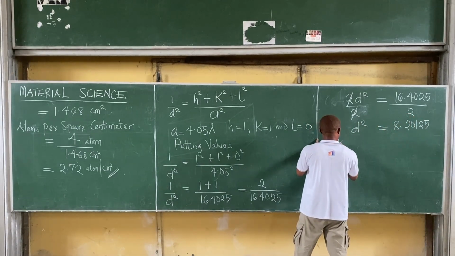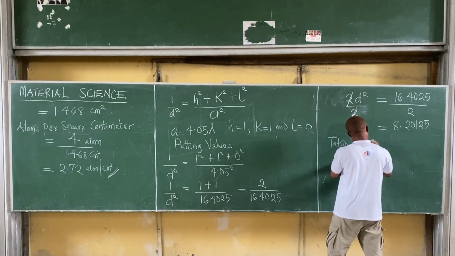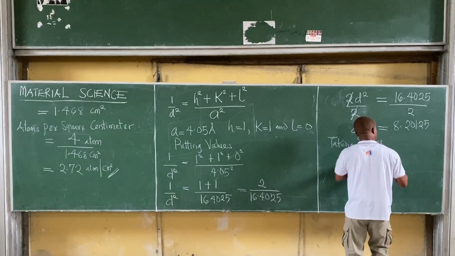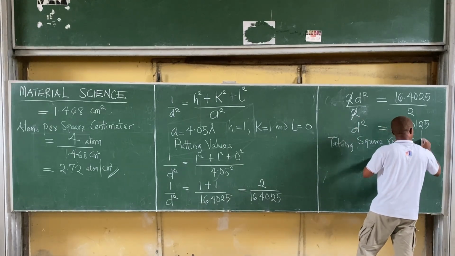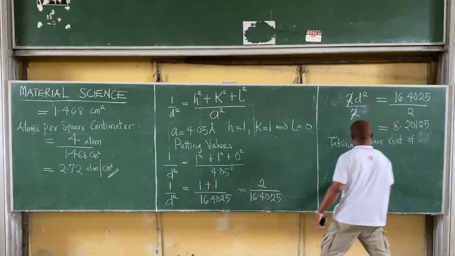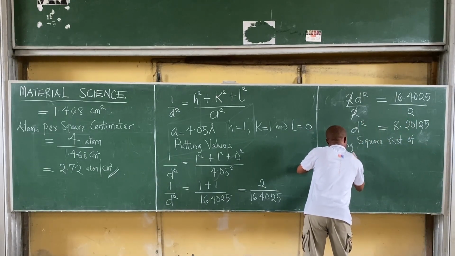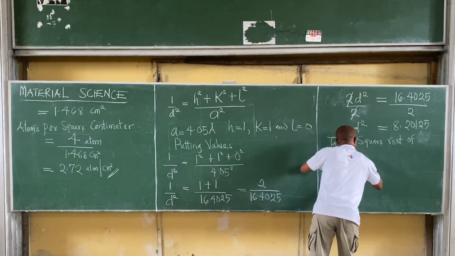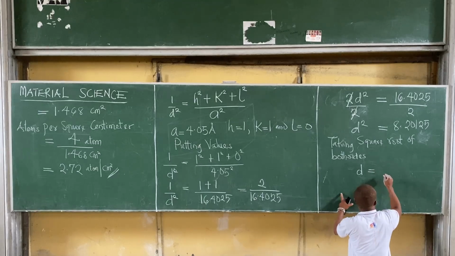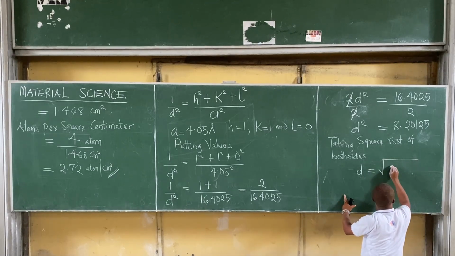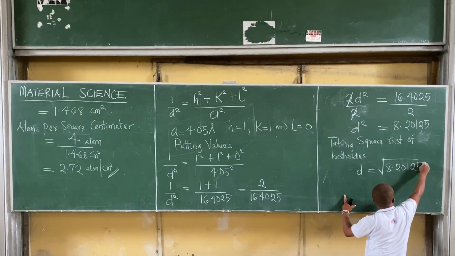Next up, we take square root of both sides. We get that d is equal to the square root of 8.20125.